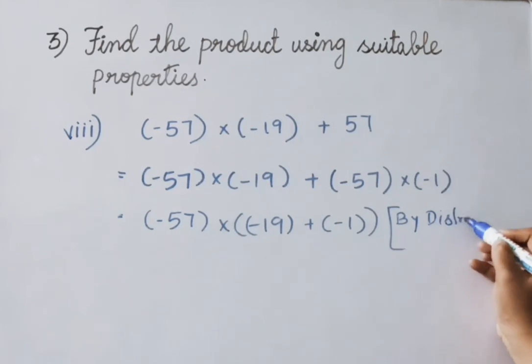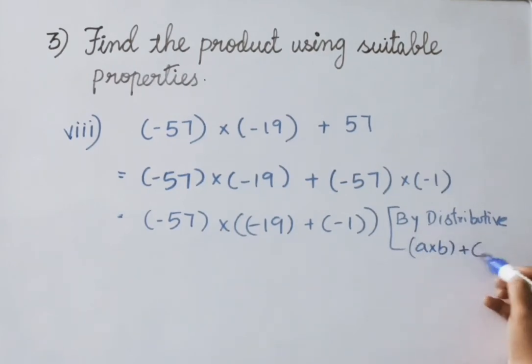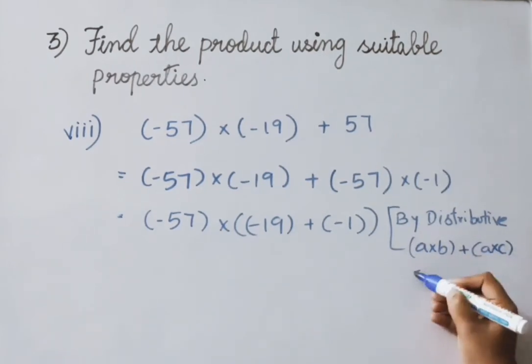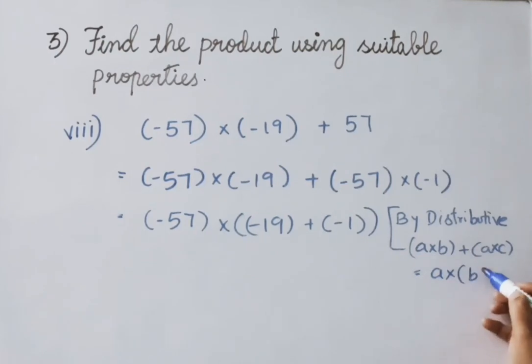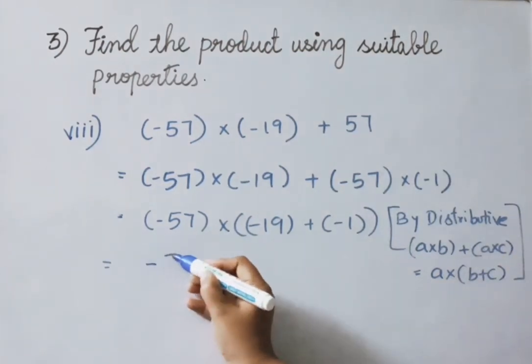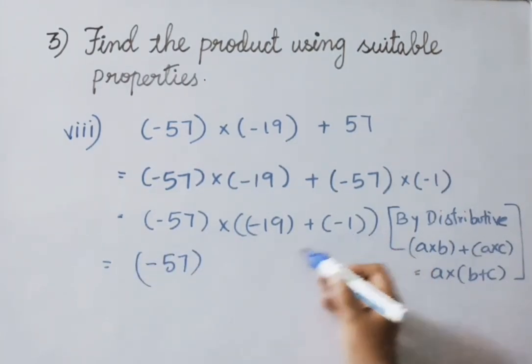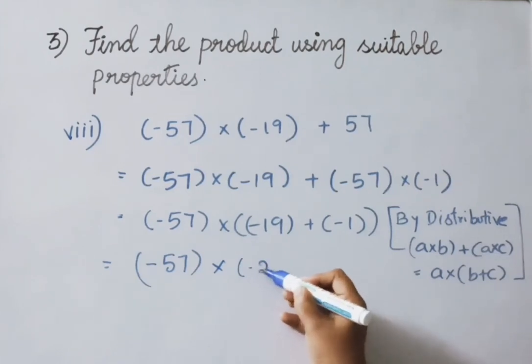So mention that by distributive, A into B plus A into C equals A into B plus C. Now solve the value present in the brackets. Write down minus 57, minus 19, minus 1, that is minus 20.